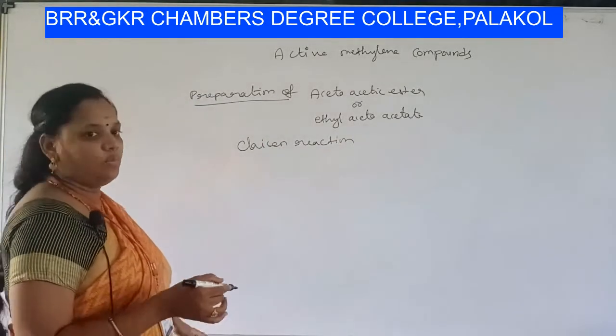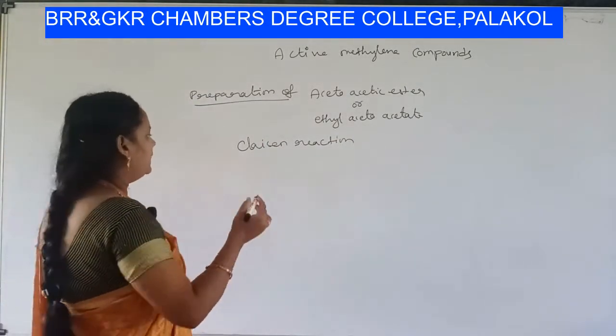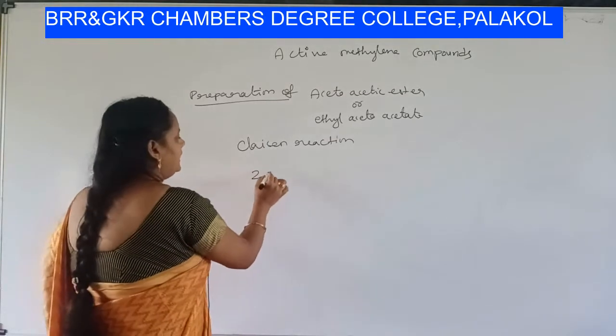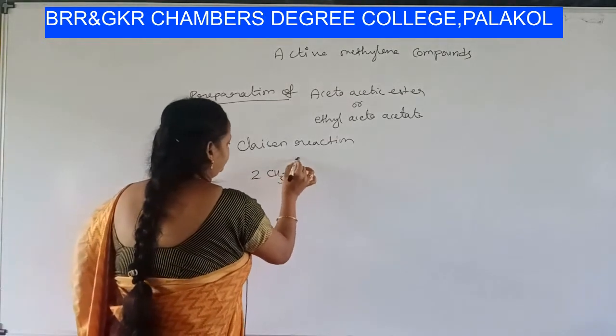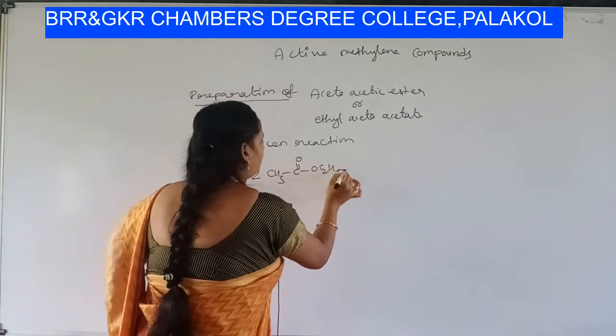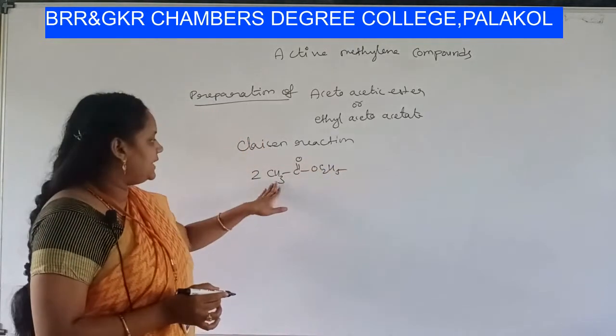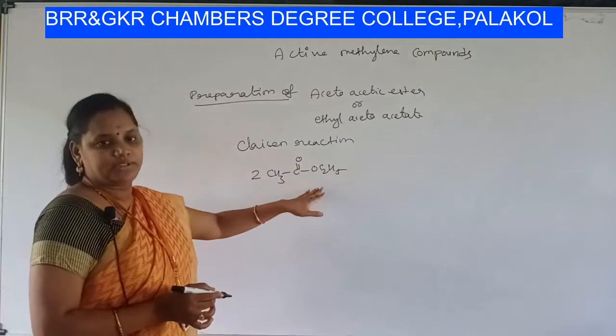Okay students, what is a Claisen reaction? When 2 moles of ethyl acetate, what is the formula of ethyl acetate? CH3 double bond O, OC2H5.